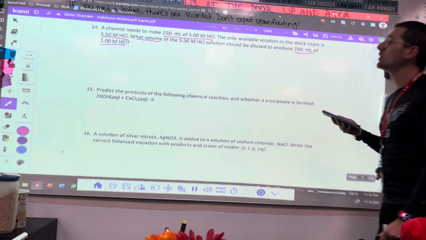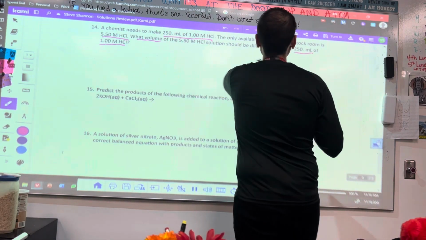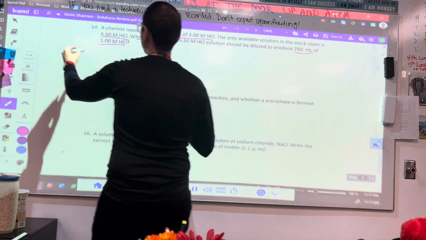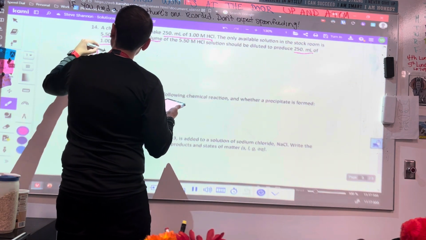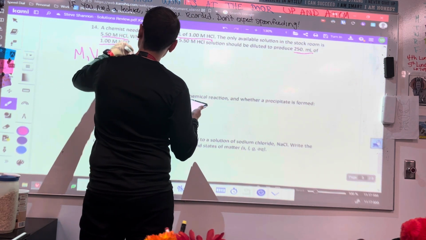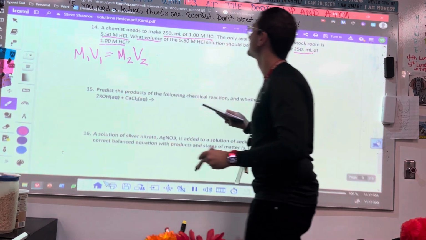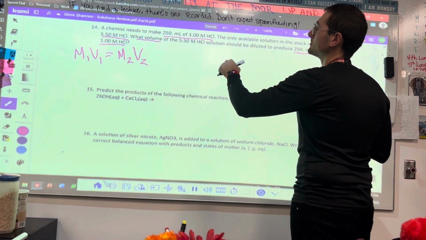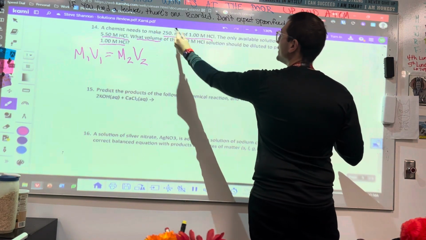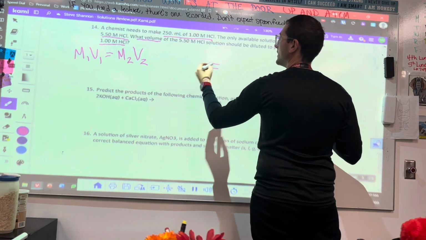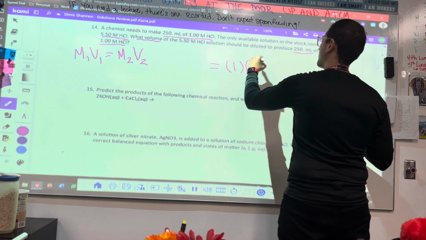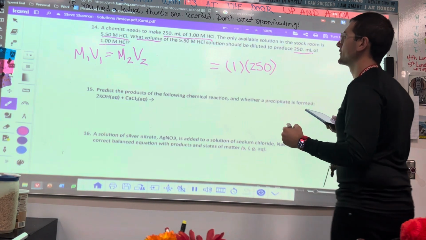Okay, so this 250 number showed up twice, which confused me for a minute. But both of those are our final volume. I know I need to arrive at a 1 molar solution that is 250 milliliters.